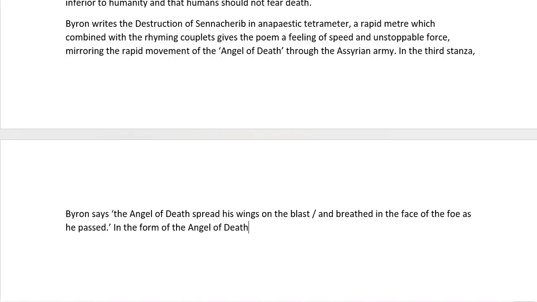In general, any examiner is going to give you the benefit of the doubt with personification. I know I always would when I'm examining for AQA. The angel of death: death is personified.